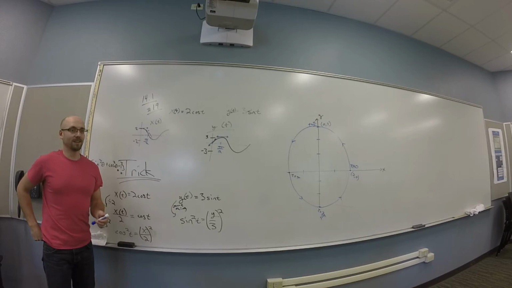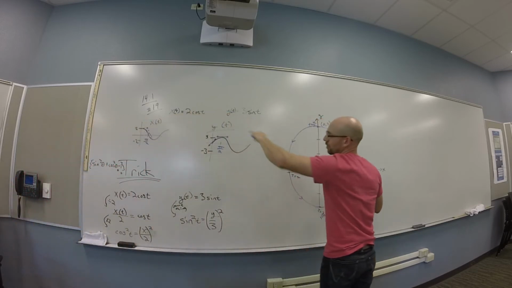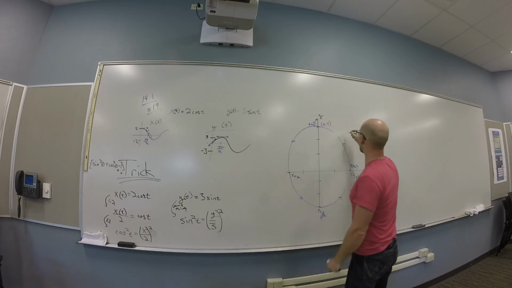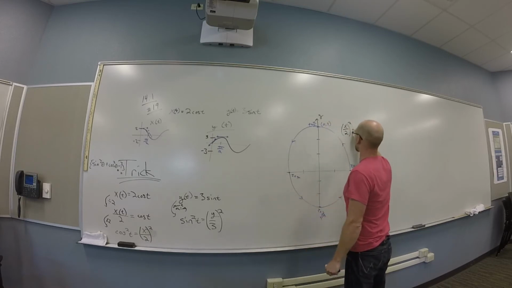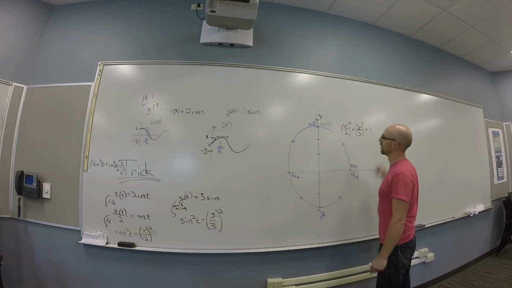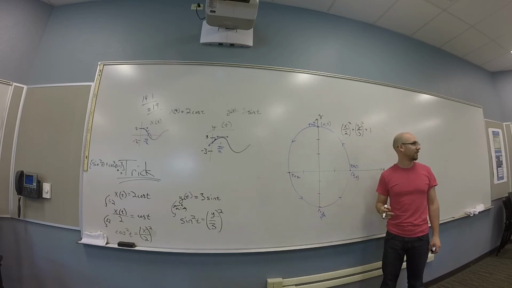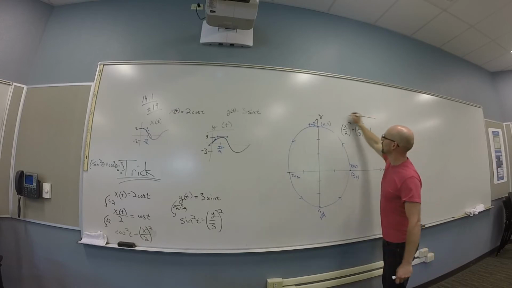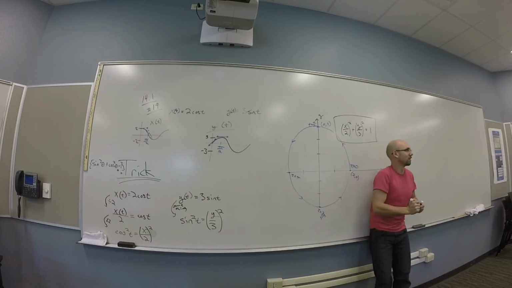It's 1, right? So I know that x over 2 squared plus y over 3 squared is 1 from the Pythagorean identity. You guys see that? Okay, so there's my equation for this thing, and that's the equation for an ellipse.